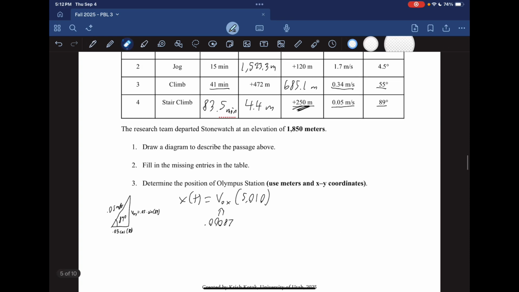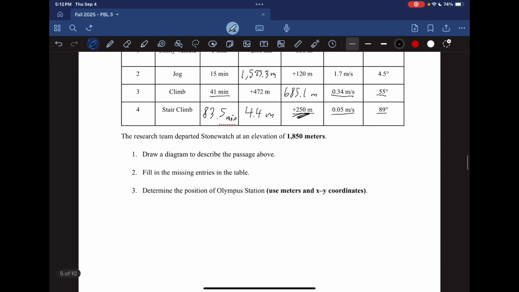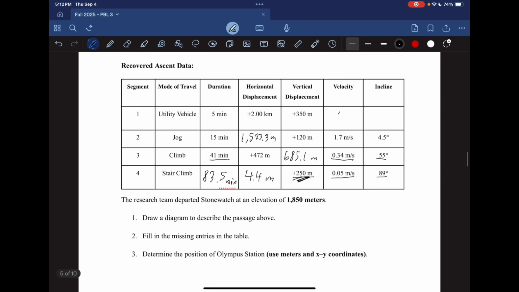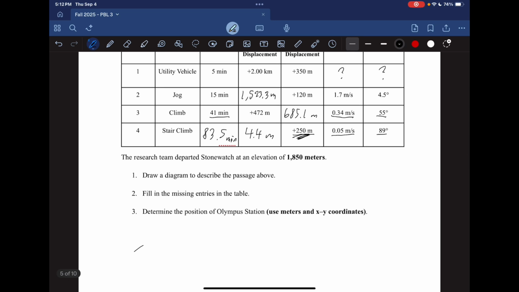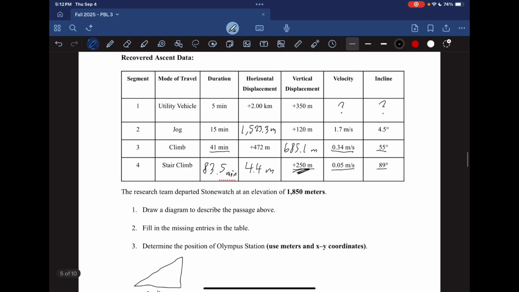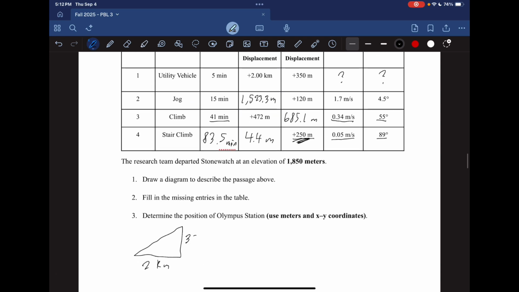Okay, I'm gonna solve the last question of this problem now. Now you may have noticed that up here, I didn't actually fill out the velocity and the incline. I could, if you wanted to find the incline, you have your 2 kilometers of horizontal displacement and then your 350 meters of vertical.